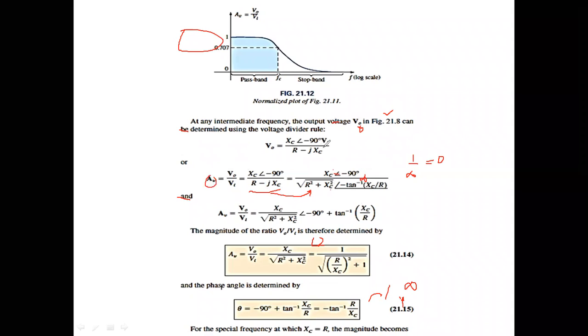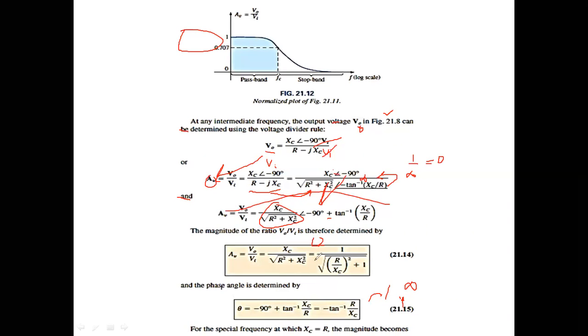So dividing Vi on both sides, it will be Av, and Vi will be cancelled out. By dividing these two, this will be the R, and the minus tan inverse in the denominator becomes plus tangent inverse Xc over R. This is minus 90 degrees as it is. This is the actual Av.